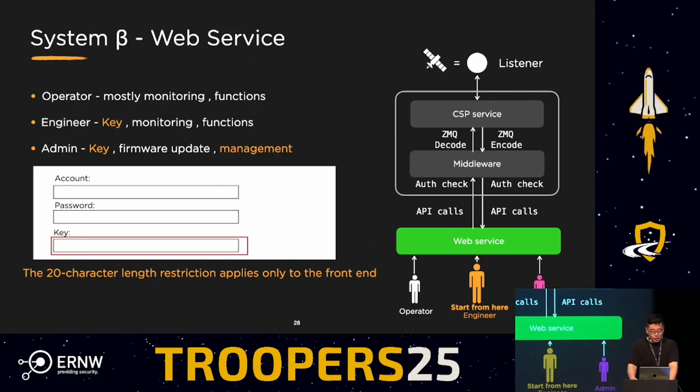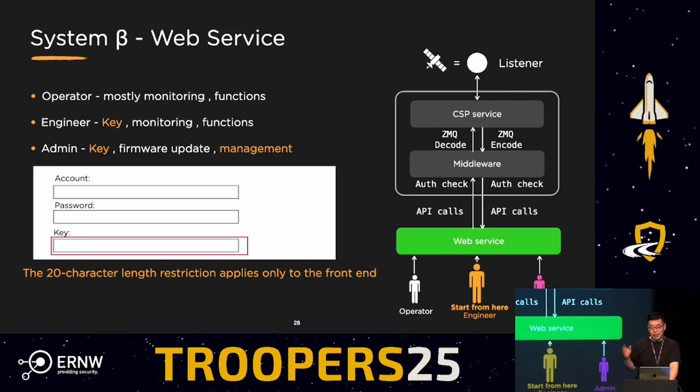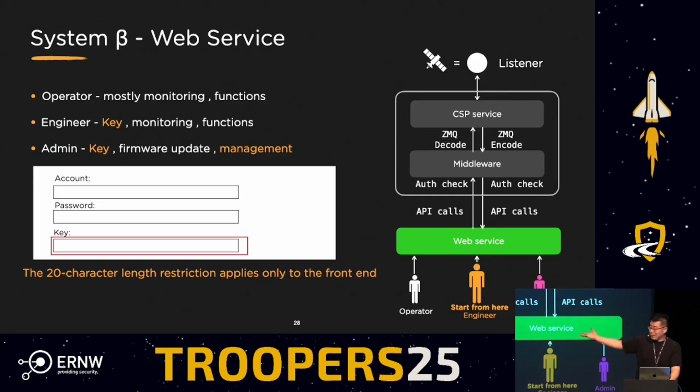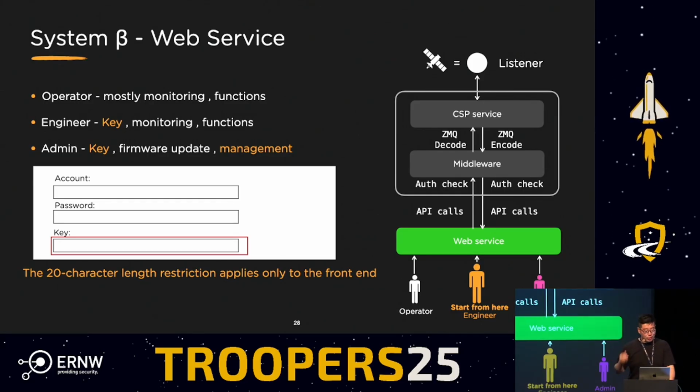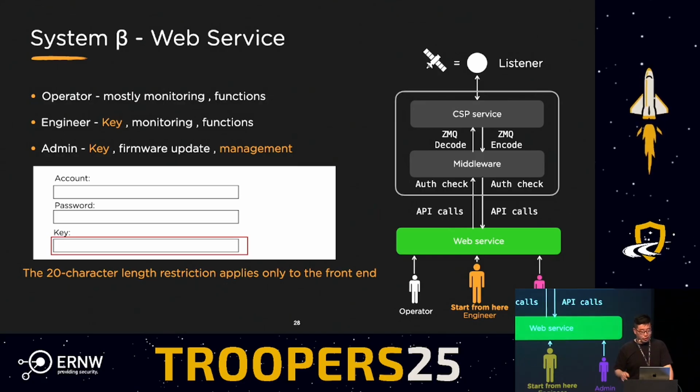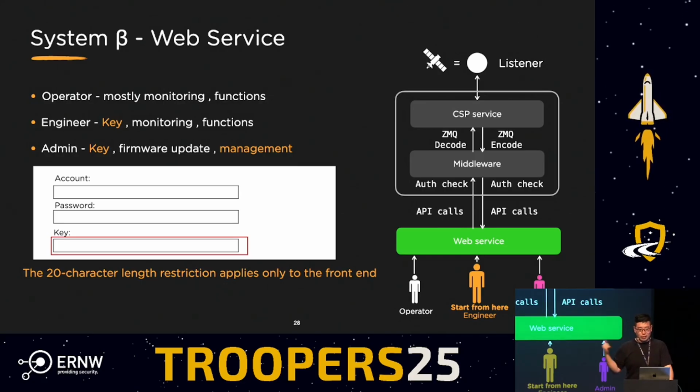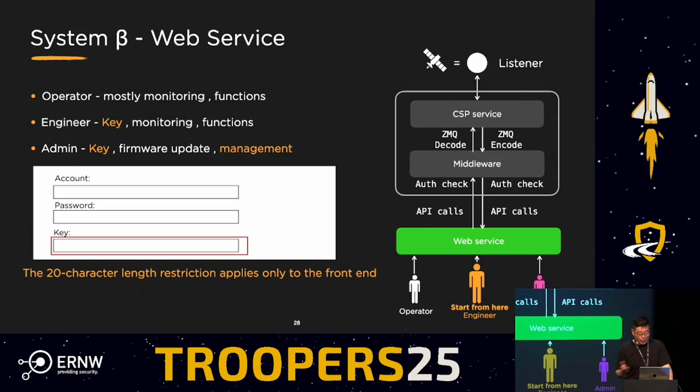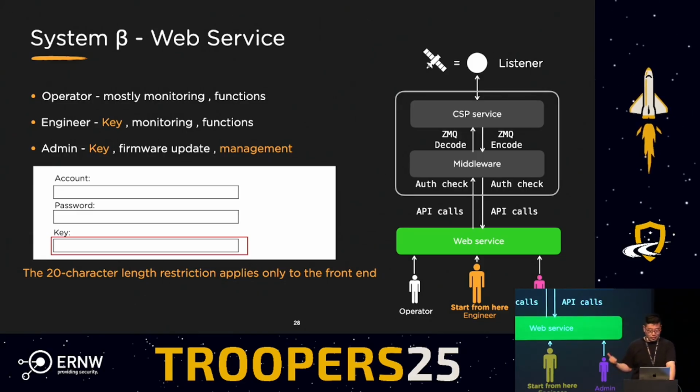I noticed there is a field that is a key, with a restriction of about 20 characters in length, but actually this restriction is only on the front end. In the back end, there's no restriction, and you can put any special characters in the key.